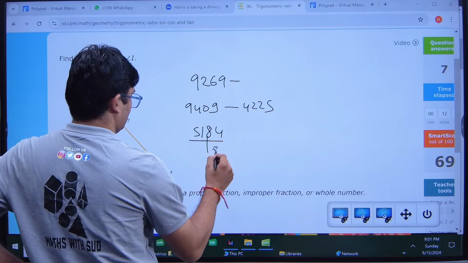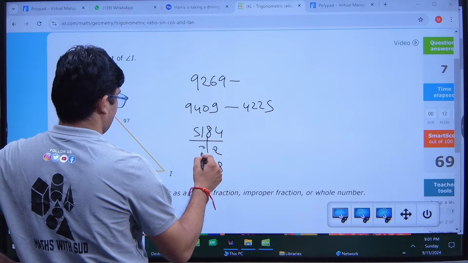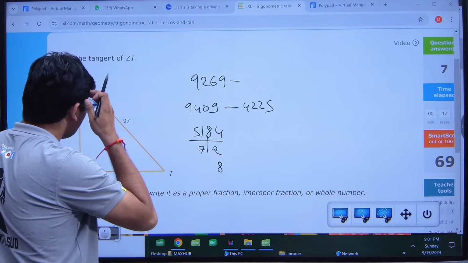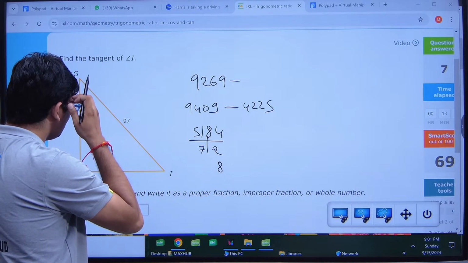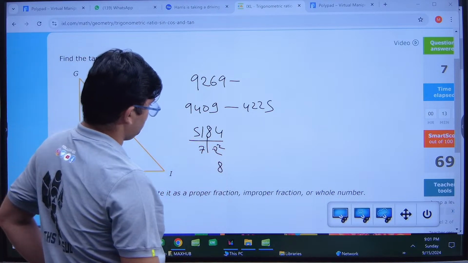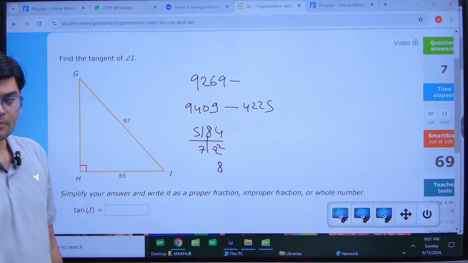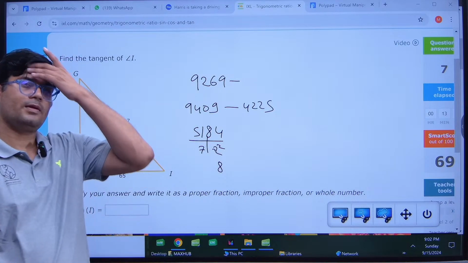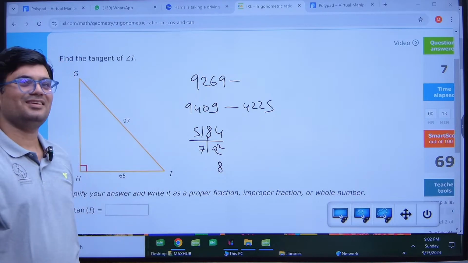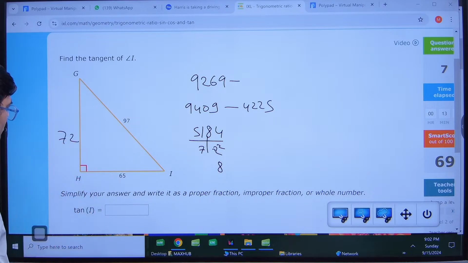Either it is 2 or 8. And 7 8s are 56. Just check if it is 78 square. No, 72. Multiply 72 into 72, you get 5184. So this is going to be 72.